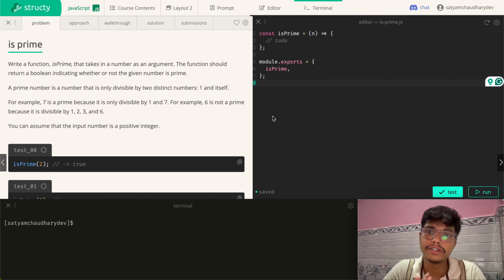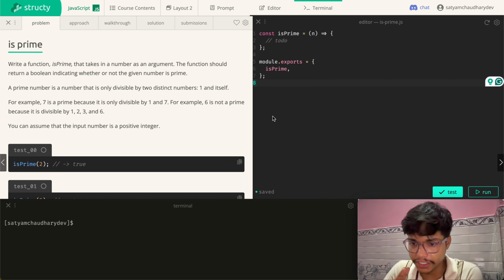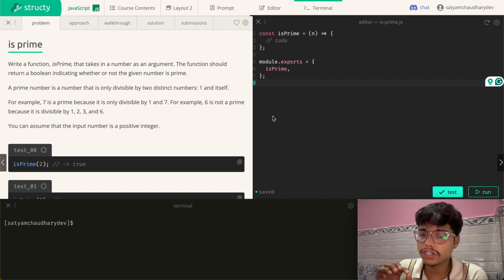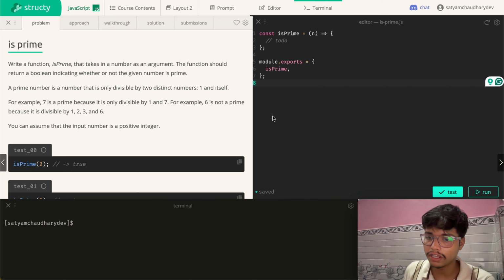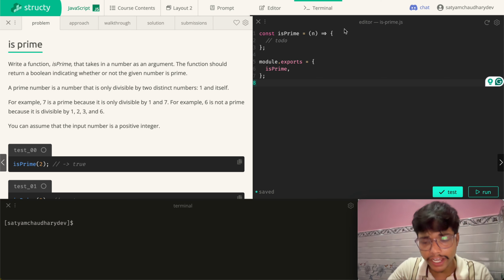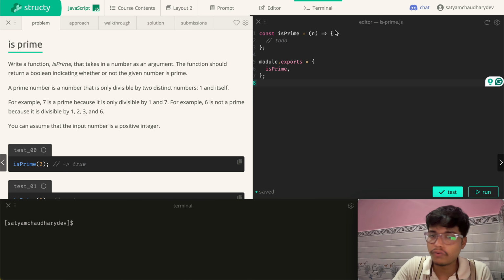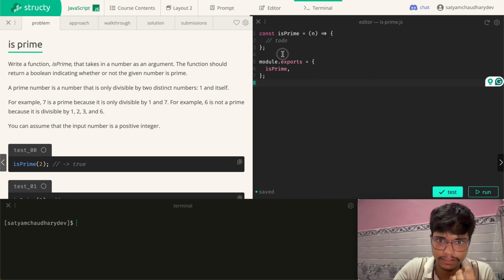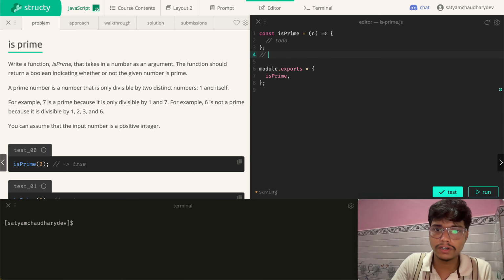So there are two approaches. First we will do one which is not that efficient, and then we will figure out how we can optimize our algorithm. Let's start. We can use our classic loop. Let's understand more how we can do this.